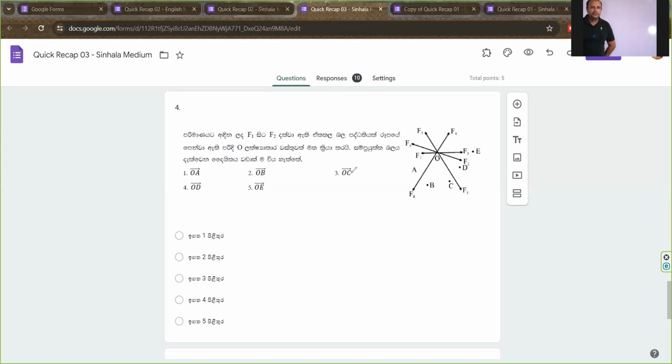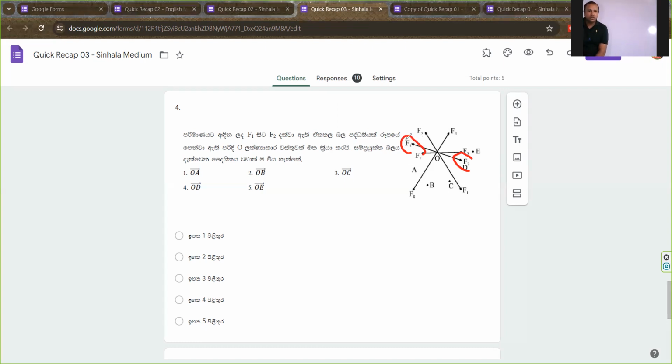Now look at this. You can clearly see these forces, F2 and F5.